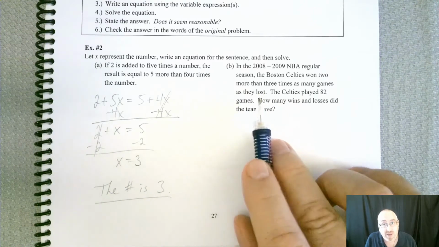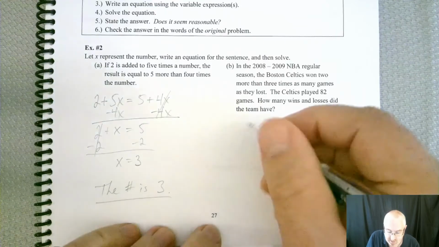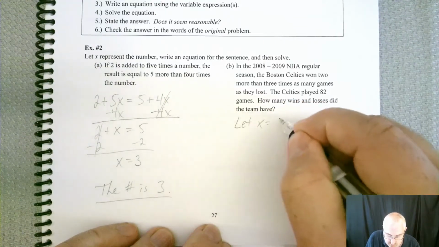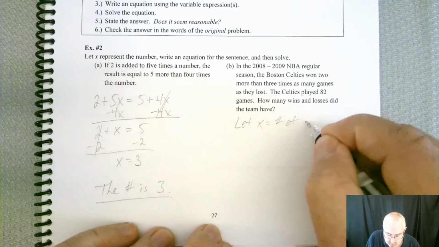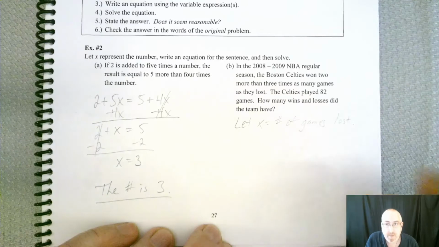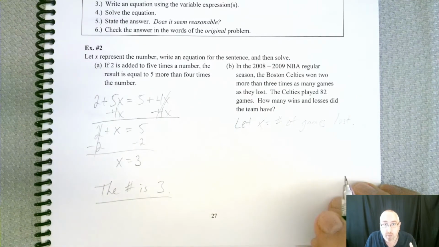So you really need to know how many you lost first. Once you've determined that, you can say x is equal to the number of games lost. All right? So now we've got x, the number of games lost.